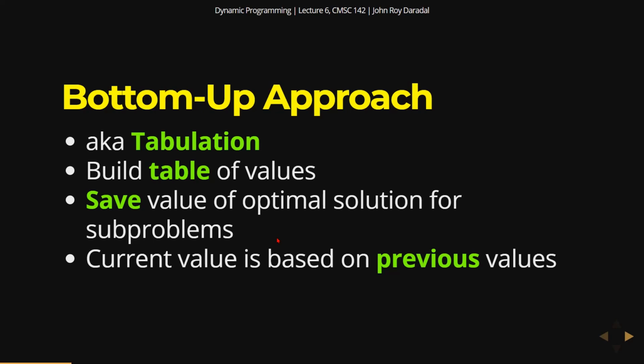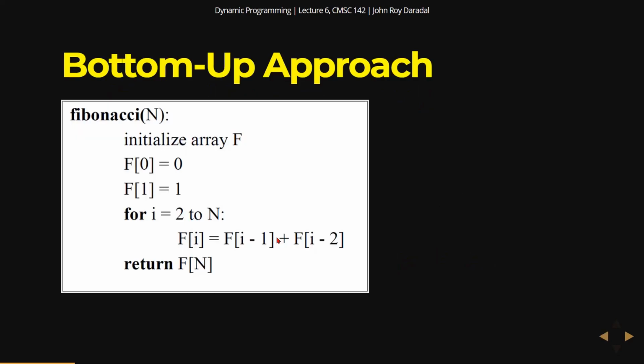So we'll start with the base case, and once we've established the base cases, each time we encounter a subproblem, we will just refer to previous values and use that to easily compute the value for that subproblem. We've already seen an example of this earlier, the one with Fibonacci, Fi is equal to Fi minus 1 plus Fi minus 2. So just look back at the previous two subproblems in the array.